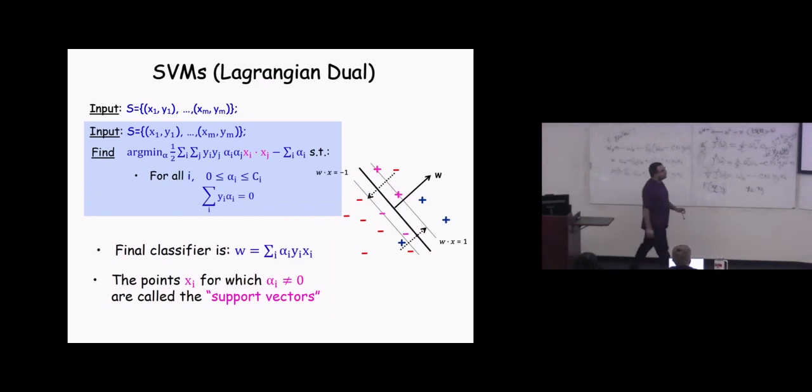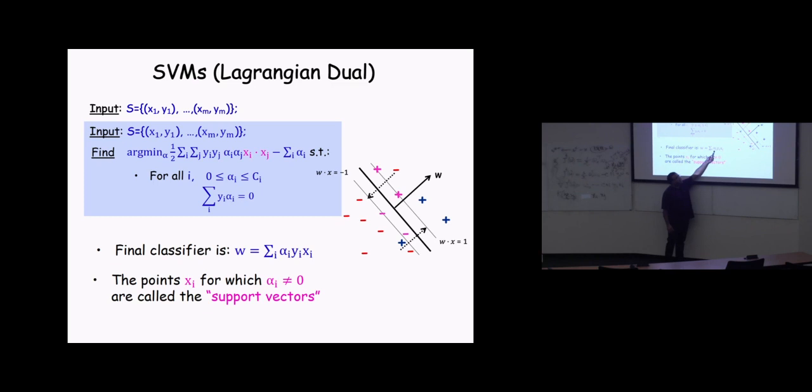And it is interesting to note that this W is essentially a sum over alpha i xi, and the yi is basically the sign. So this W is defined as this, but all these alpha i's that are not 0 are defined as support vectors.